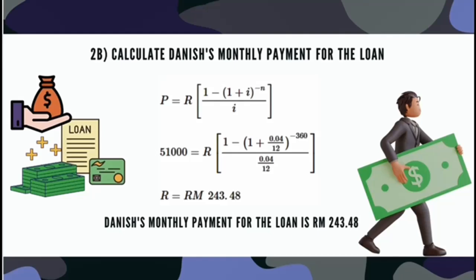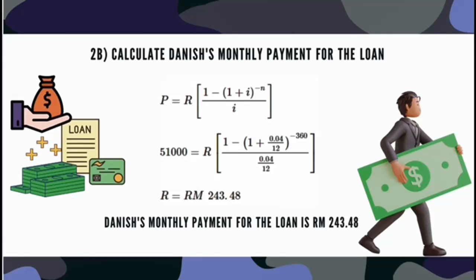First, we need to substitute the values into the formula. P is 51,000 equal to R open bracket 1 minus in bracket 1 plus 0.04 divided by 12 close bracket in power negative 360 divided by the value of I, which is 0.04 divided by 12.